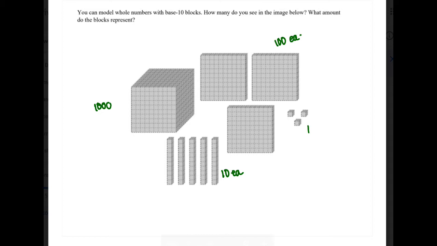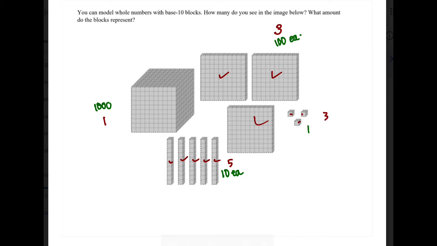Okay, so how many of these little tiny cubes, these are base 10 blocks, that individually small one. How many of those little ones are there in that whole image? Okay, so we have 1 thousand, we have 3 hundreds, we have 1, 2, 3, 4, 5 tens, and 3 ones, right?